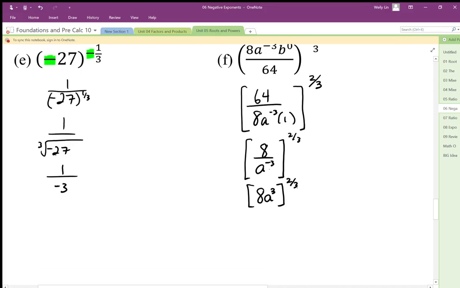I'm going to apply the cube root first, the cube root of 8, and the cube root of a cubed. And then I can apply my power after. So I end up with 4a squared. And remember that I have to keep track of what is my base. So when I cube rooted all this, I made sure I kept that all together in one base with the brackets.